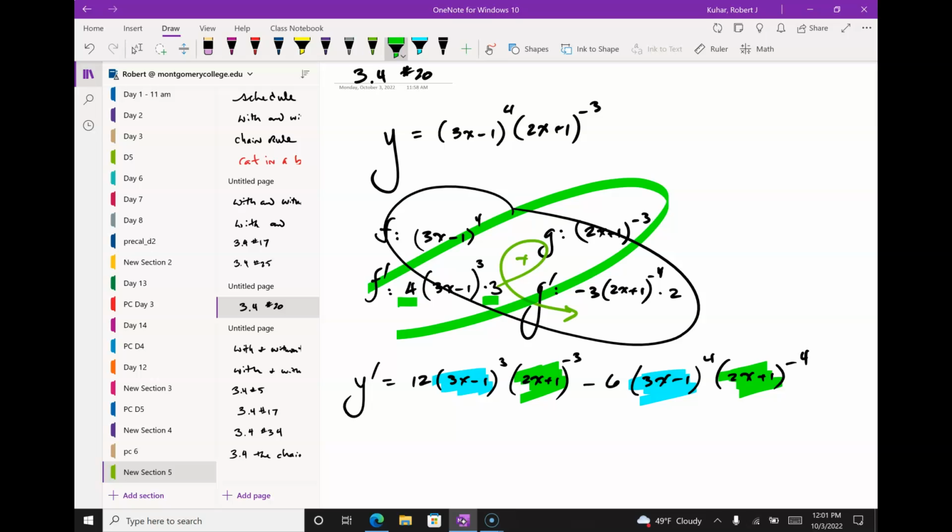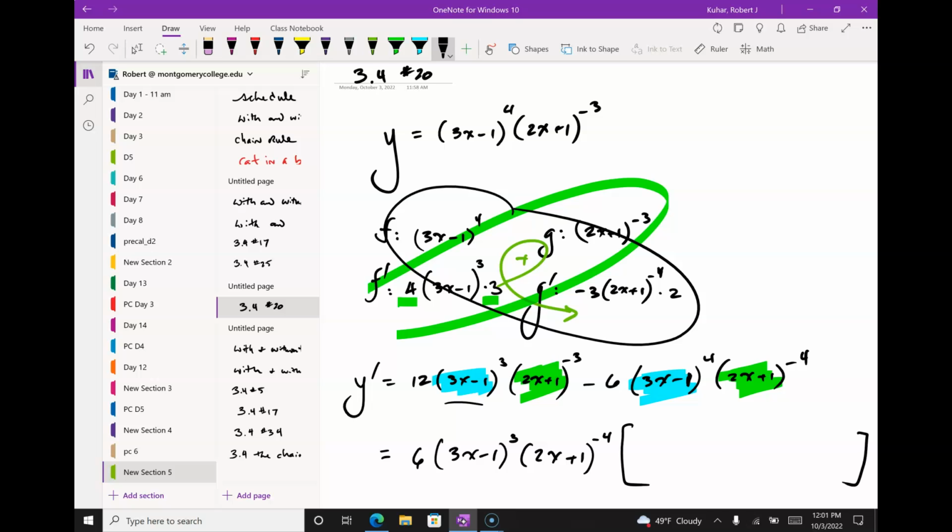So 12, right? (3x minus 1) to the third. Yep, 3x minus 1. So I can take out a 6. I can take out a (3x minus 1) to the third. I can take out a (2x plus 1) to the minus fourth.